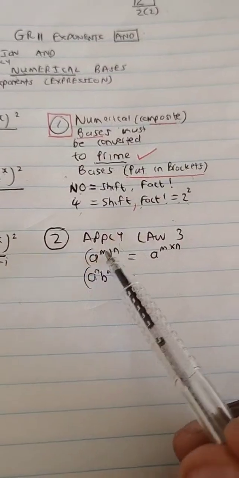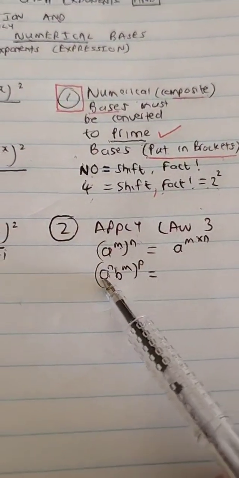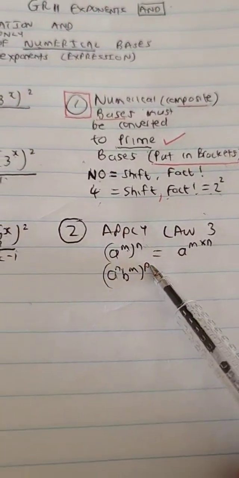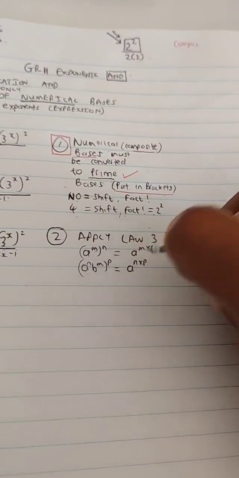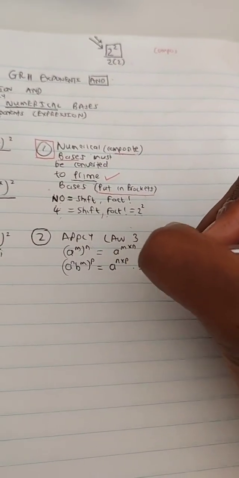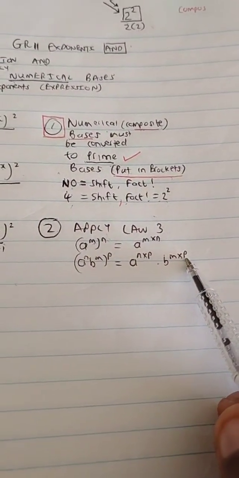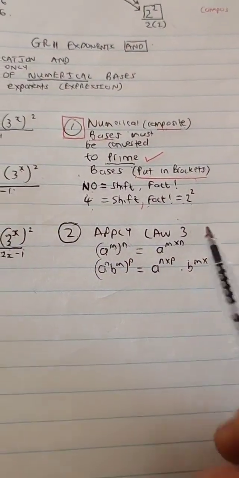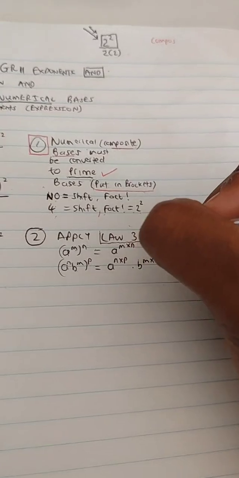You keep the base, you multiply the exponent. If the relationship between the bases is multiply and outside you have an exponent, you keep the respective bases, you multiply the exponents. Okay, so this here is what we mean by law number 3 of exponents.